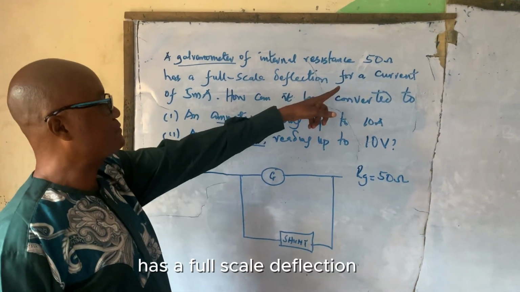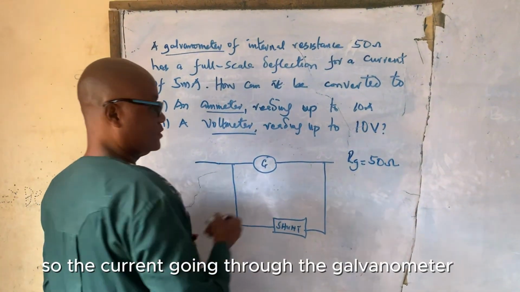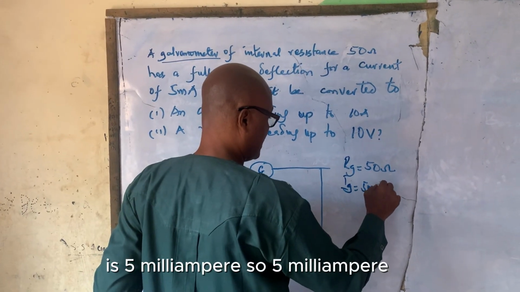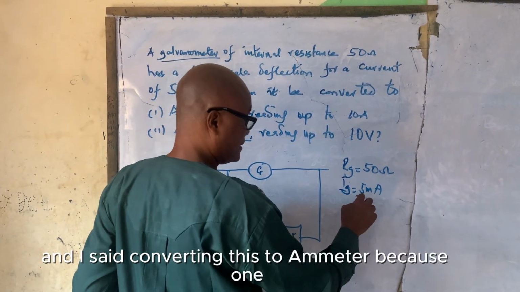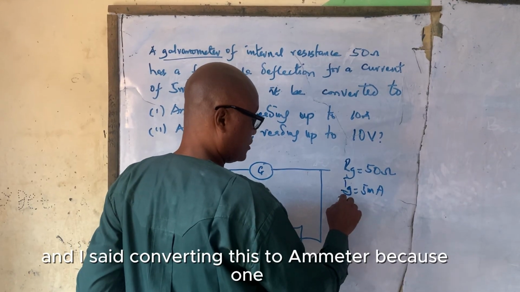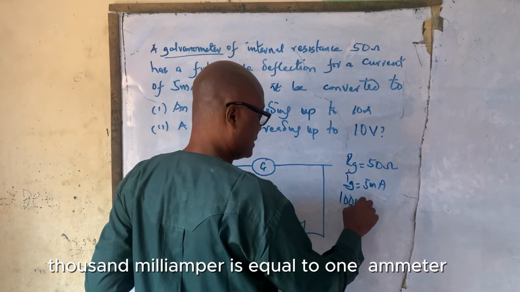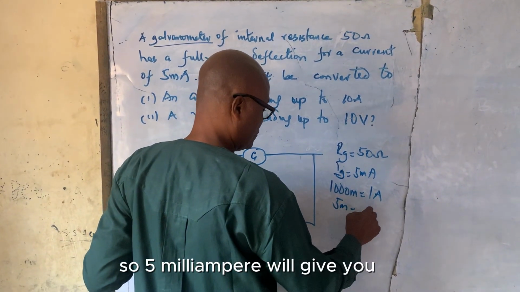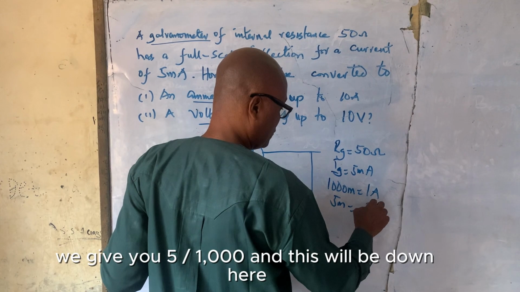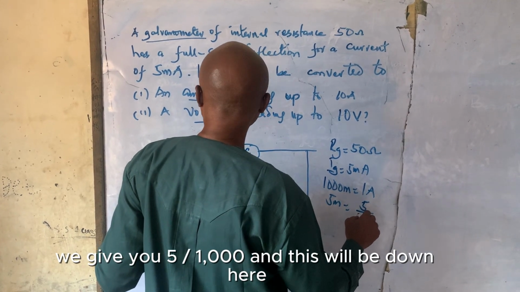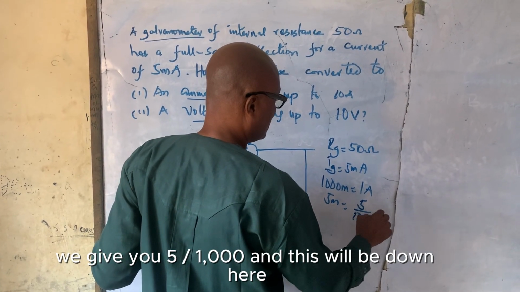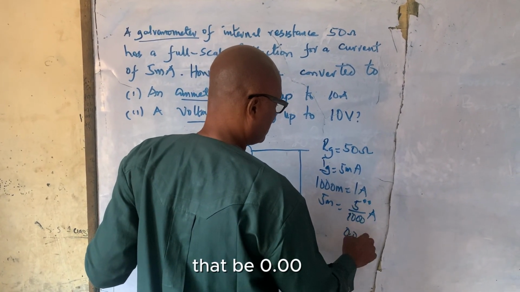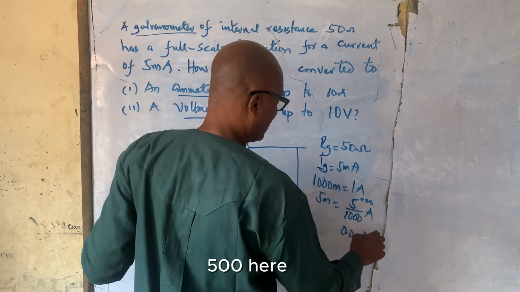It has a full-scale deflection for a current of 5 milliamperes. So the current going through the galvanometer is 5 milliamperes. Converting this to amperes, because 1000 milliamperes is equal to 1 ampere, 5 milliamperes will give you 5 divided by 1000 amperes, that is 0.005 amperes.